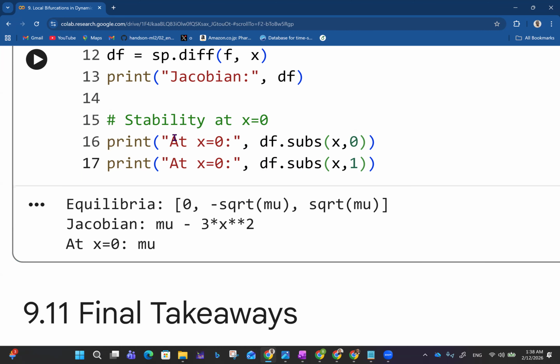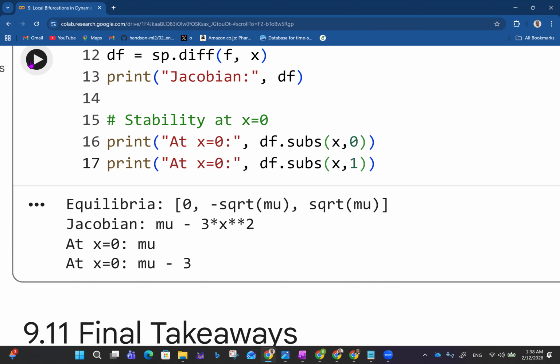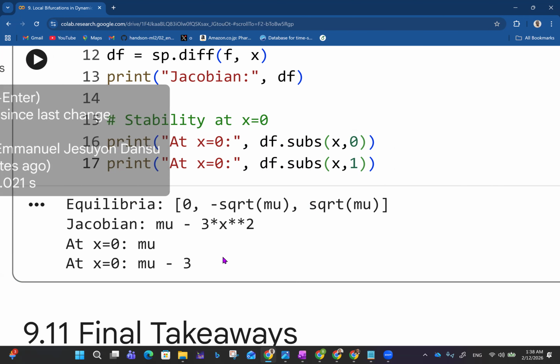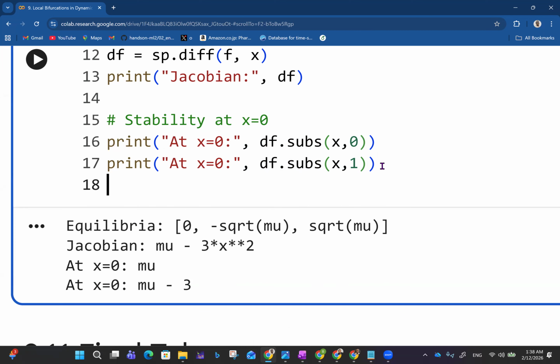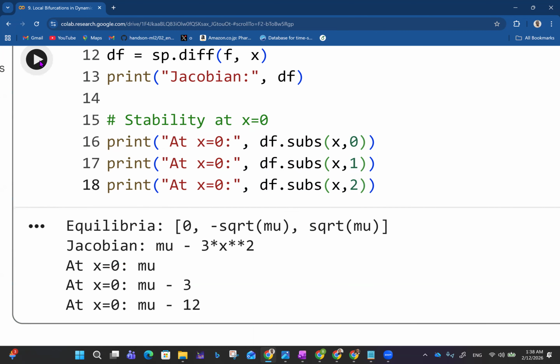Let me just run it and see what it looks like, so I can just update. In that case, we have mu minus 3. So what if it's x comma 2? That's the second result now. That's 2 here, that's the third result. Mu minus 12. Is that how it works?